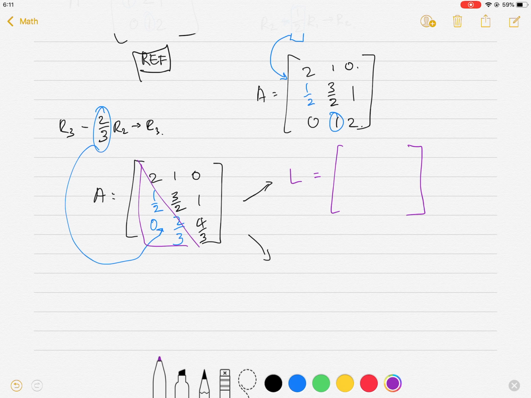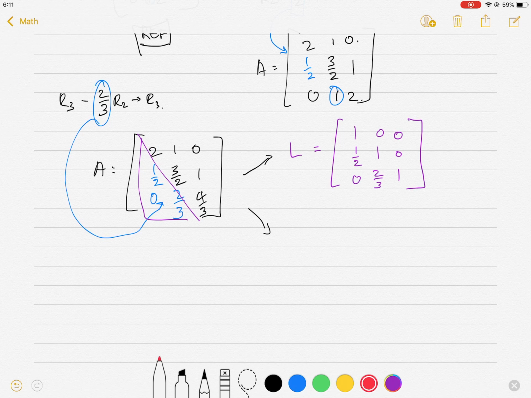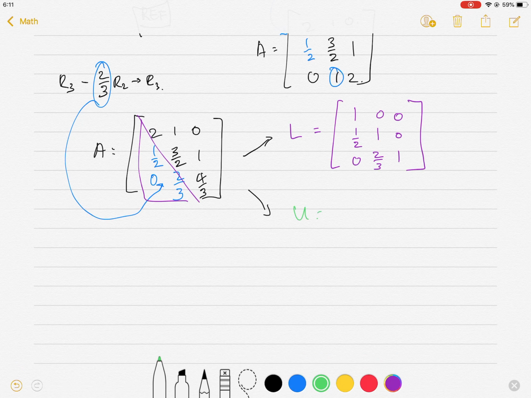Anything on the diagonal for L would just be 1s, and then above would be 0. So 1/2, 0, and 2/3. For U, we include the diagonal. So whatever was on the diagonal, we keep that for U. Anything under would just be 0s, and then we keep everything above as well.